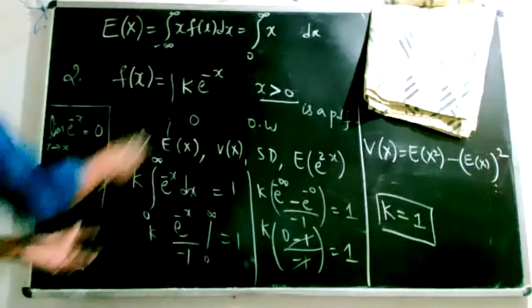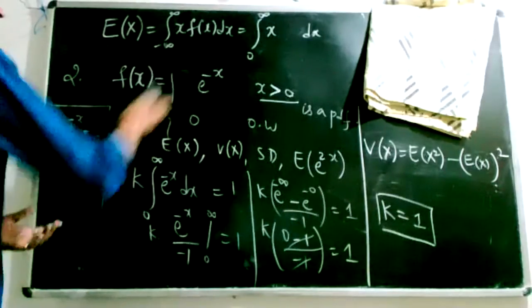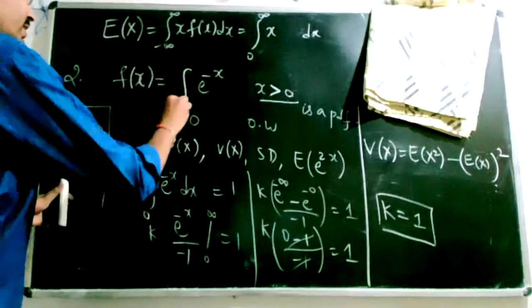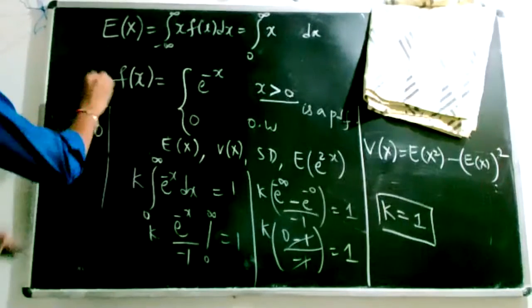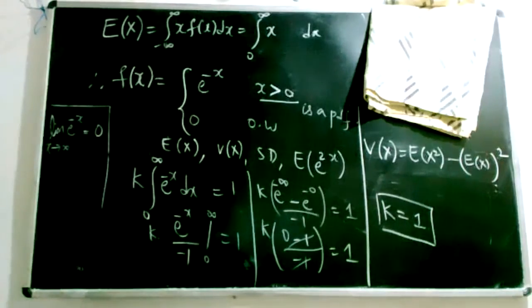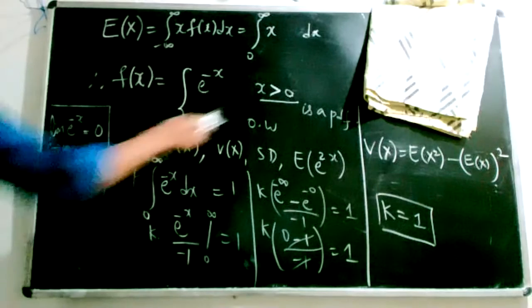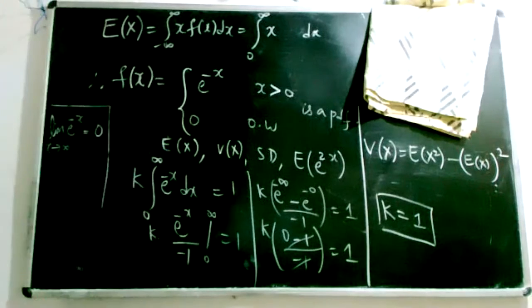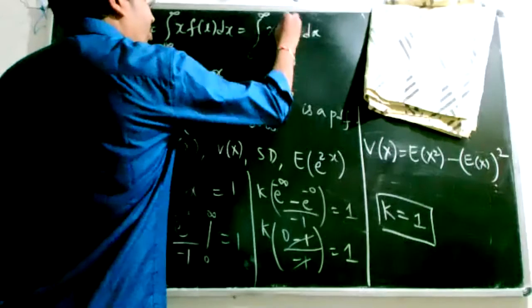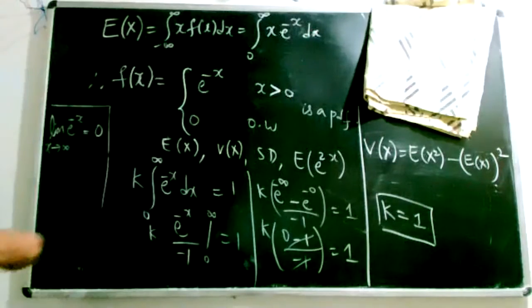Now since k is equal to 1, your function is just 1 into e power minus x or e power minus x with x greater than 0. Okay. Now we got your function. Now obtain the mean.